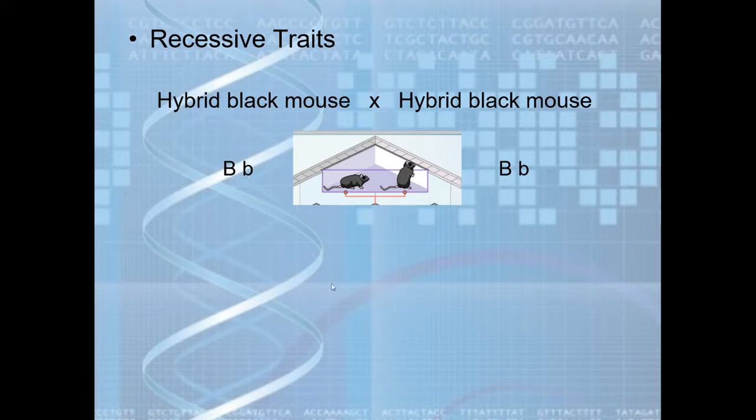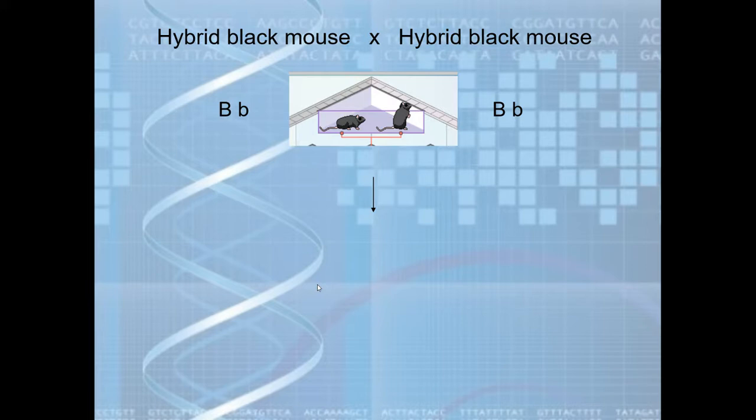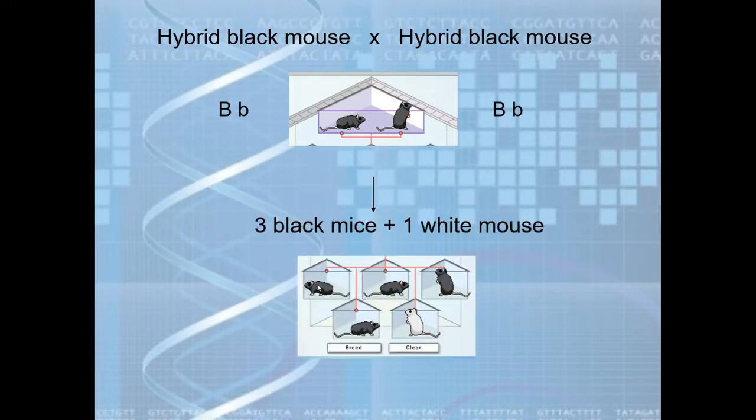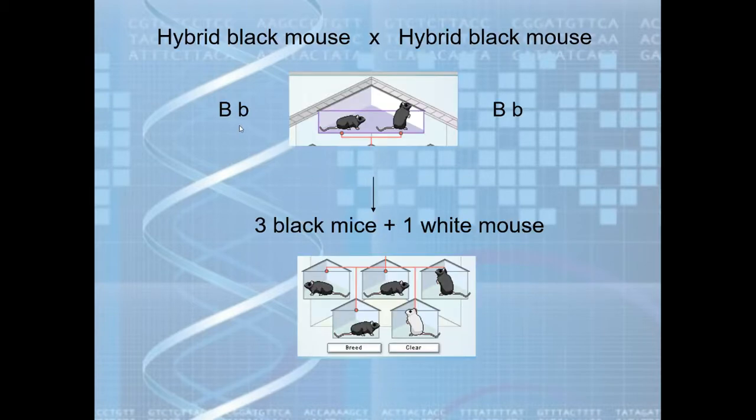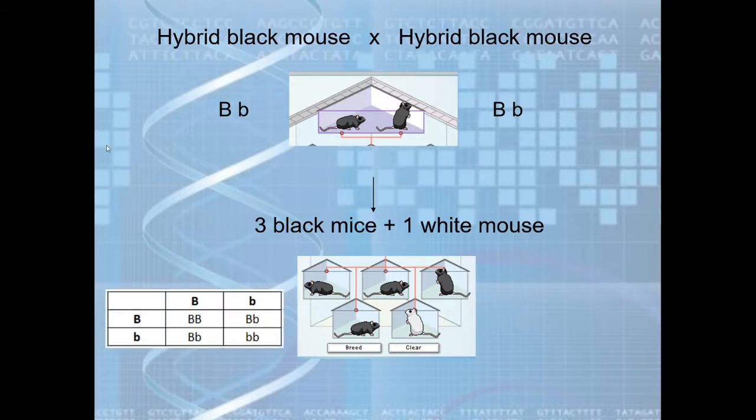Uppercase, lowercase, uppercase, lowercase. Now, so what will happen, Mr. Cruz, if they did mate? Well, the case is, they will have three black mice, and there's a 25% chance of getting a white mouse. And as you can see here, I have another Punnett square. So they are hybrids, right?